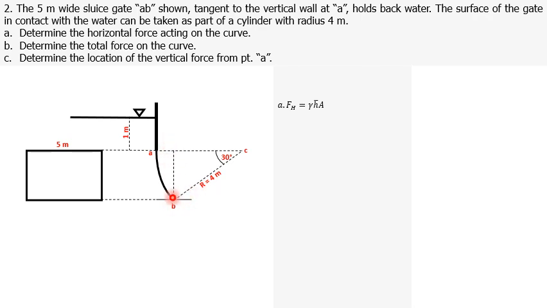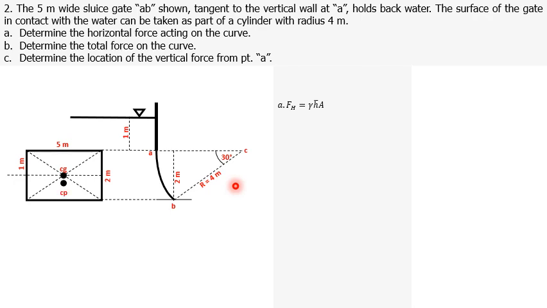And this distance is equal to 4 sine 30, and that is equal to exactly 2 meters. Therefore, the height of the rectangle is 2 meters. We now locate the center of gravity CG of the rectangle. If its height is 2 meters, the CG is located 1 meter from the top of the rectangle and 1 meter from the bottom of the rectangle.